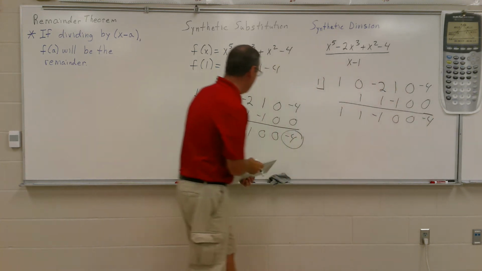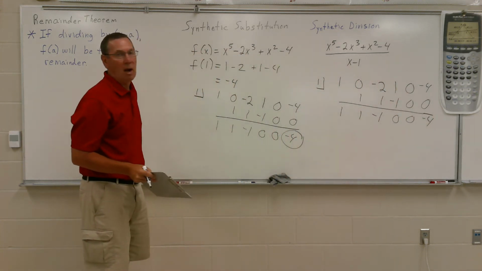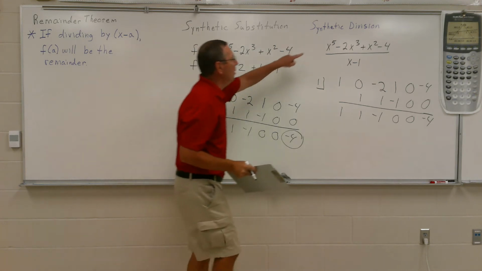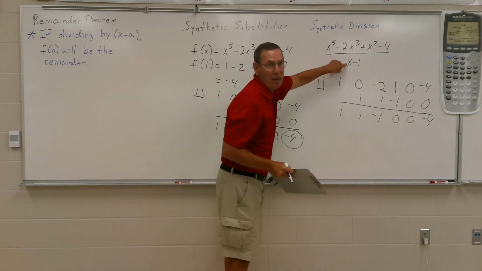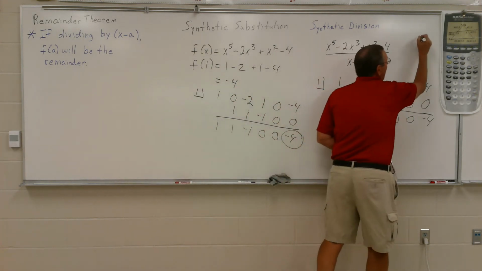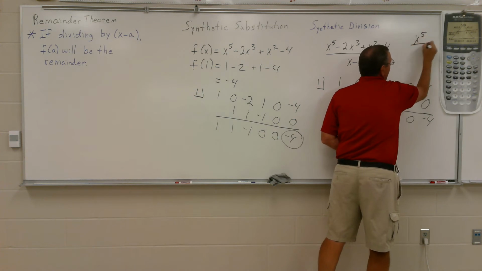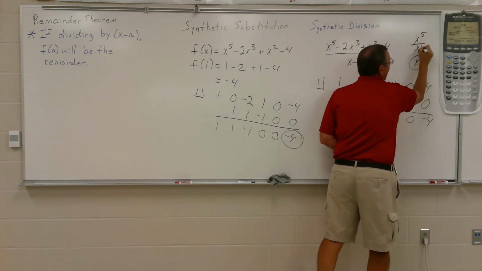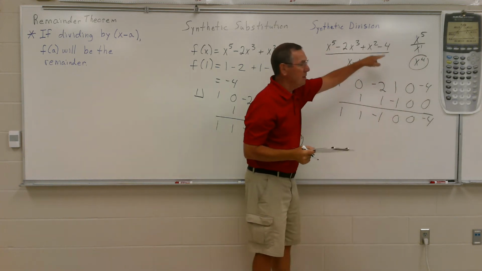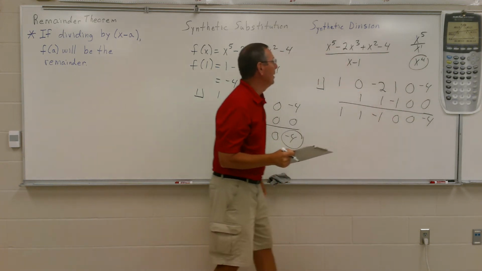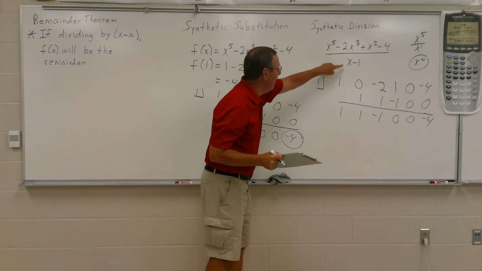It looks exactly the same as what I did over here, except now we have a different meaning. I started with an x to the 5th divided by an x. If you ever saw this in Algebra 1 class, you would have said that's an x to the 4th power. X divided by an x, we would write down our x's and subtract our exponents. So here's an x to the 5th divided by an x.